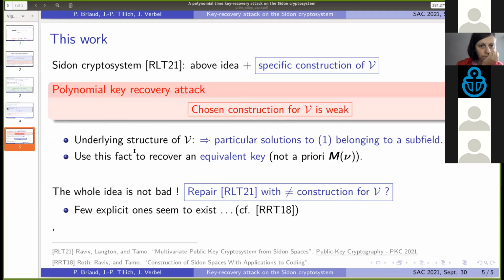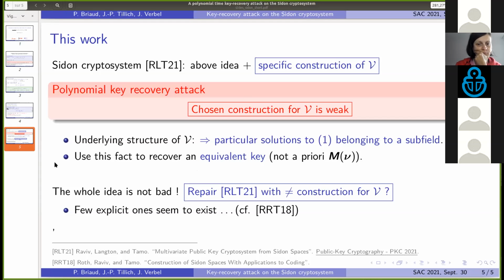And also we show that from these particular solutions, it's very easy to recover an equivalent key. So this is not directly the matrix M_NU, but it is a matrix which allows to decrypt any ciphertext. So this really breaks the scheme because both steps are polytime.